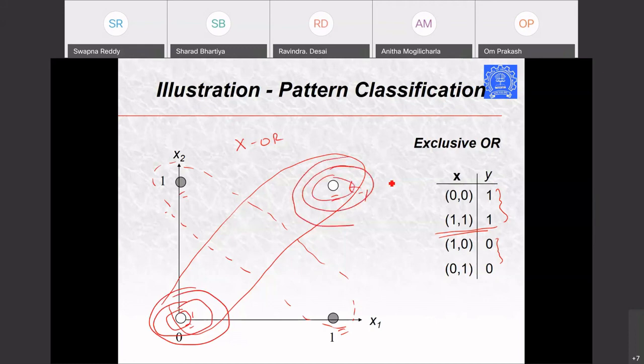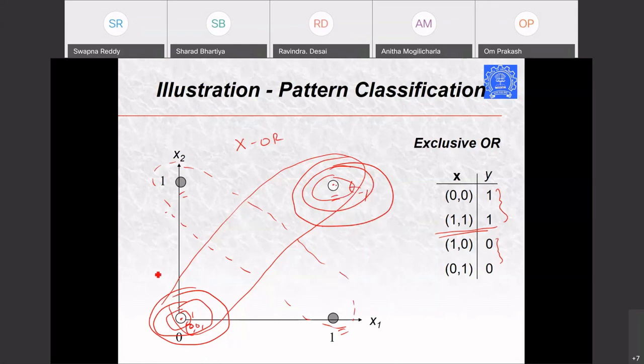I can make it thin enough that as you go away from this center, it quickly becomes 0. So if I give this input 0 0, then this node will fire.